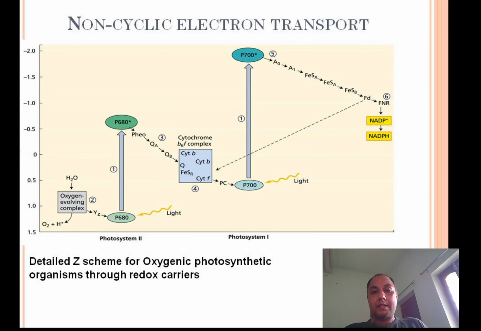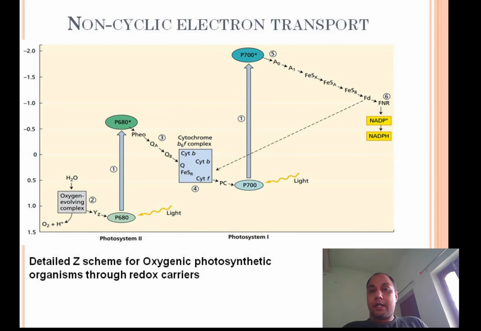From this complex, the electron is taken by plastocyanin. That reduced plastocyanin is a movable protein within the thylakoid membrane and gets attached to the oxidized P700. So the electron is finally given to P700.